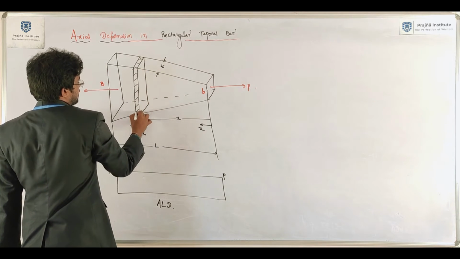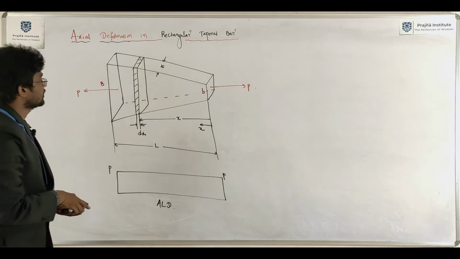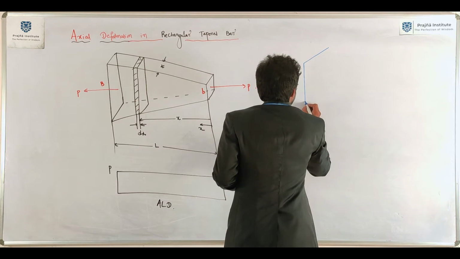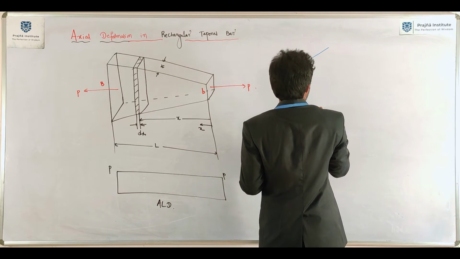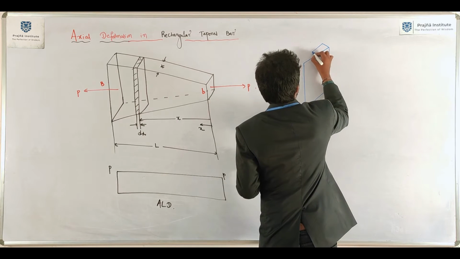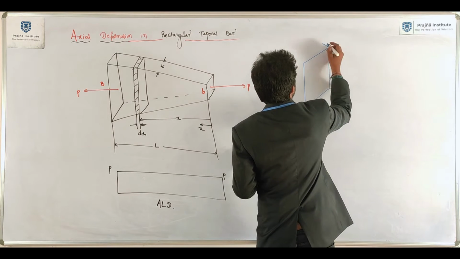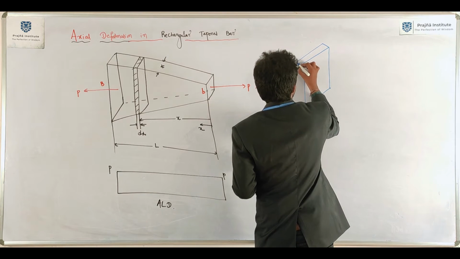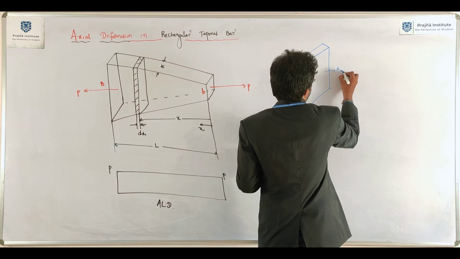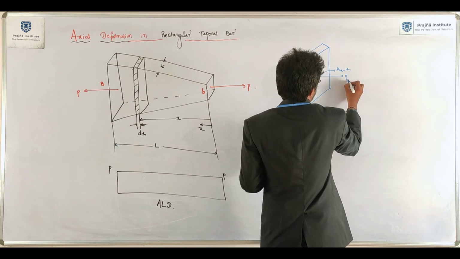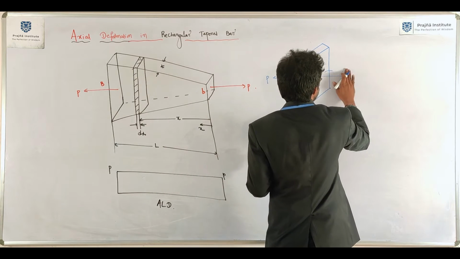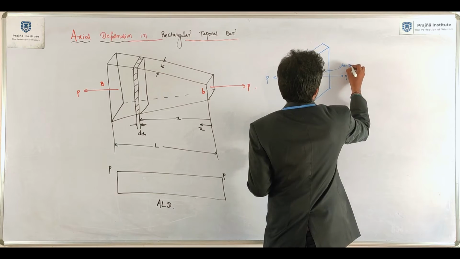Okay, take an element dx. Here it is Ax, load acting Px, it is P, and it is varying cross section.